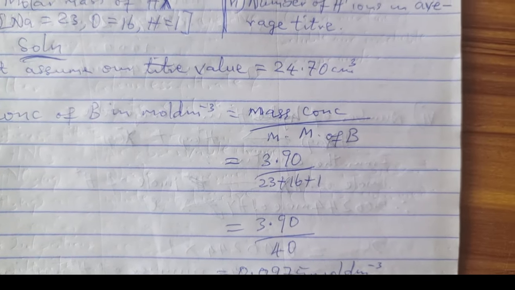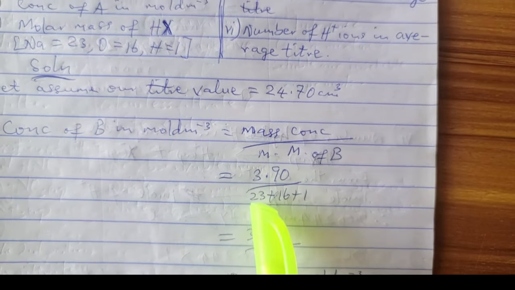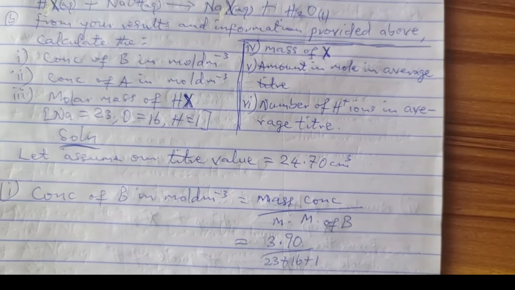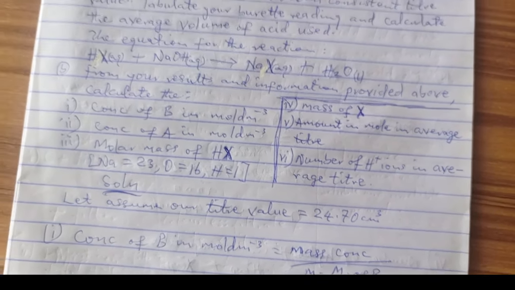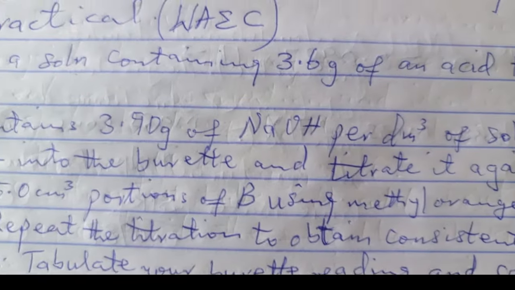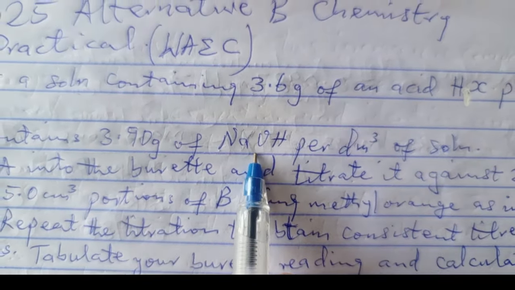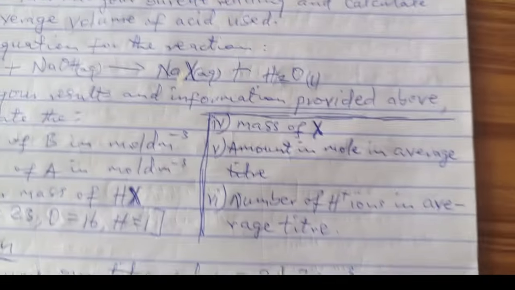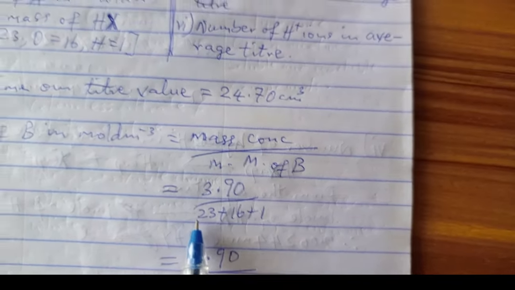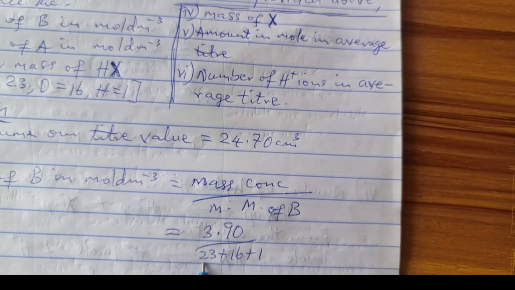Molar mass of B, you can see that the formula for B they have given you is NaOH. That's what we are dealing with. So now coming down to the calculation, Na, they have told you to be 23.